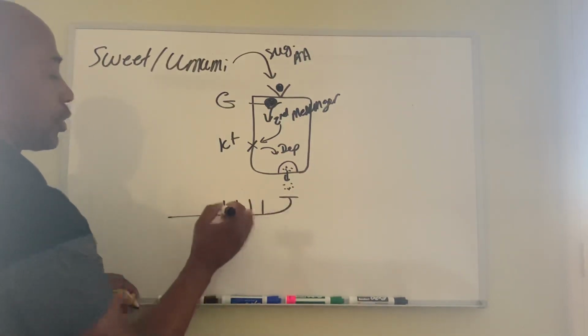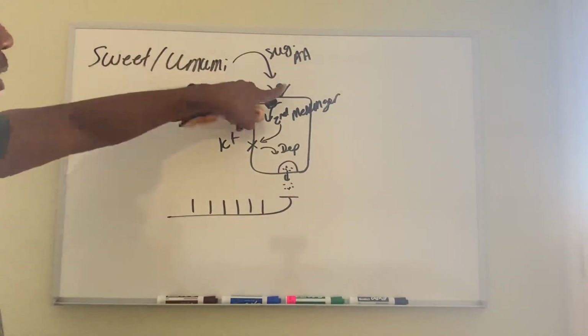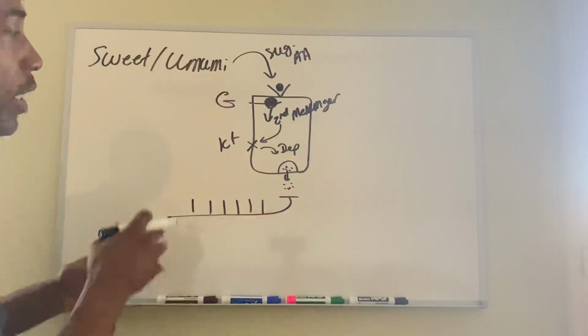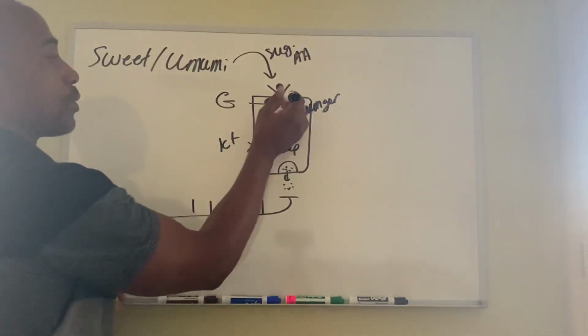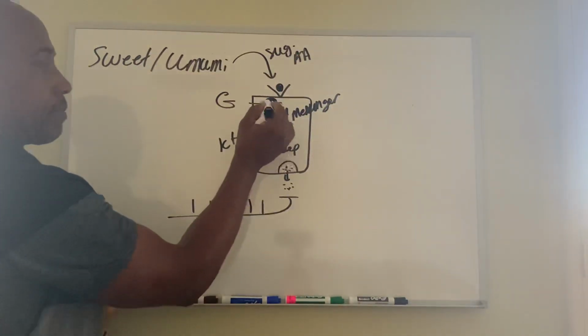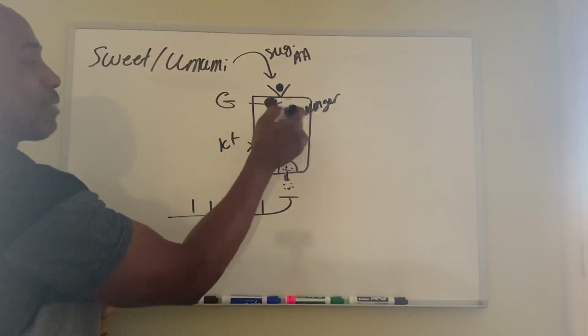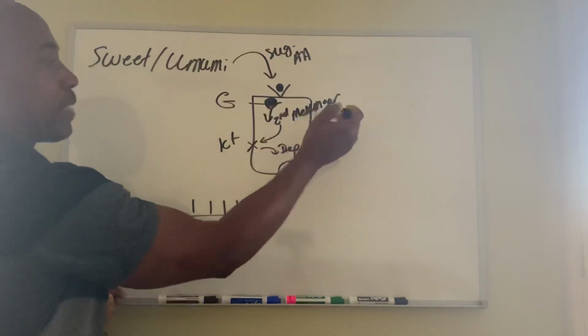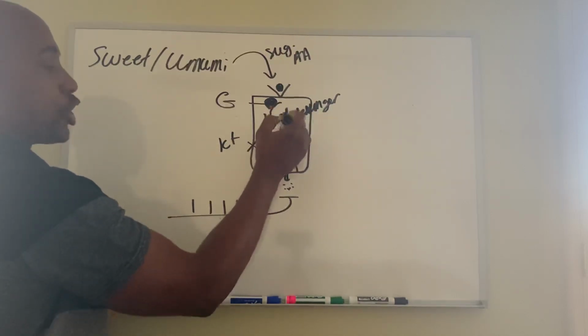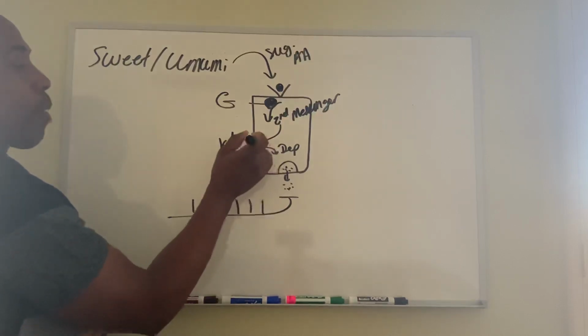Then that depolarization will trigger again the release of NTs to activate the neuron to generate an action potential. So just to review it again, the chemicals bind to receptors directly on the cell, then that receptor will in turn activate a protein called a G protein. Then that G protein will trigger a second chemical in the cell called a second messenger. And that messenger will block your potassium gates.